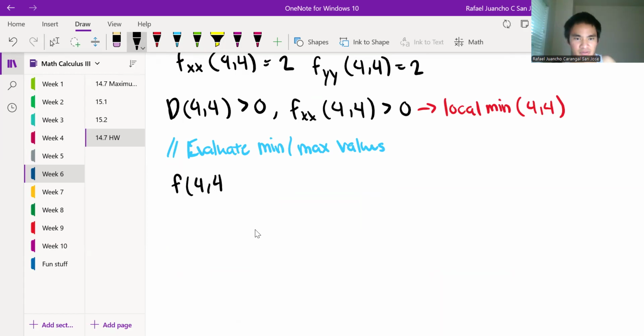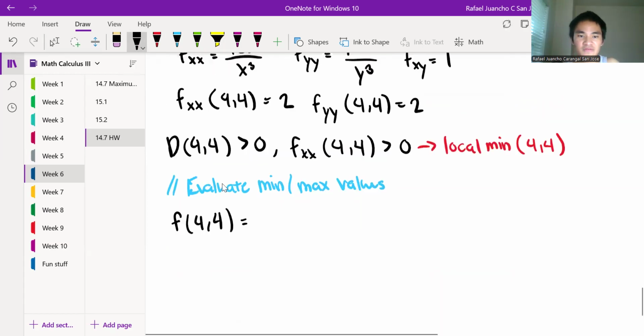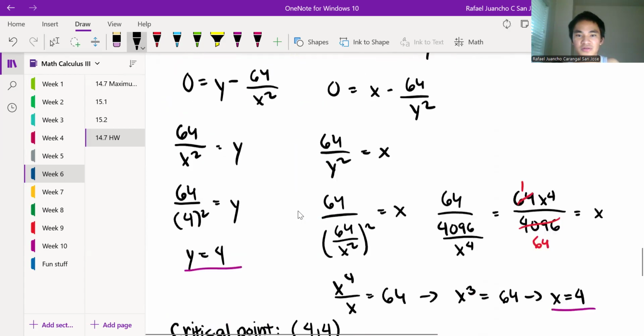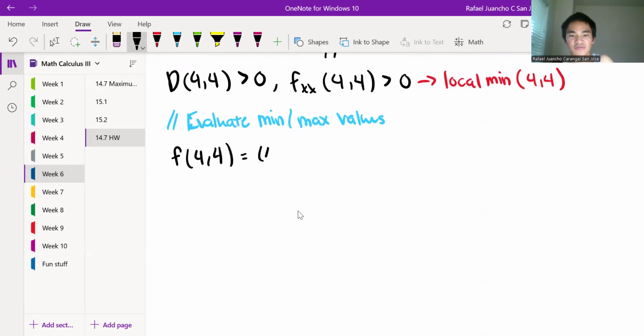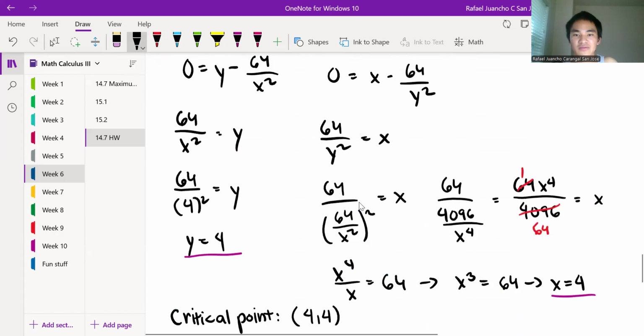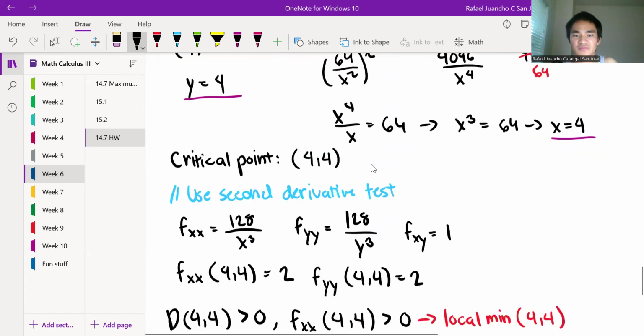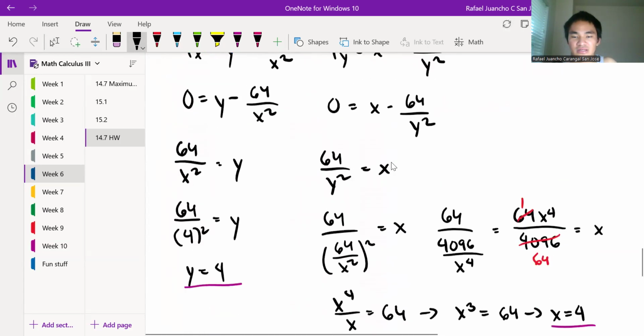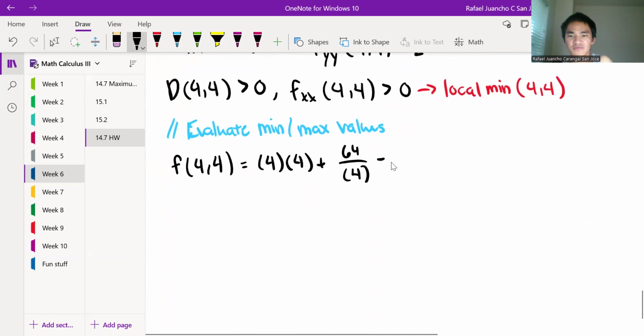So I do f of 4, 4. Let me see. Oh, so now this is some interesting function. I got 4 times 4. I add that to my 64 over 4. Then I think I subtract, right? No, I add again. Plus 64 over 4.